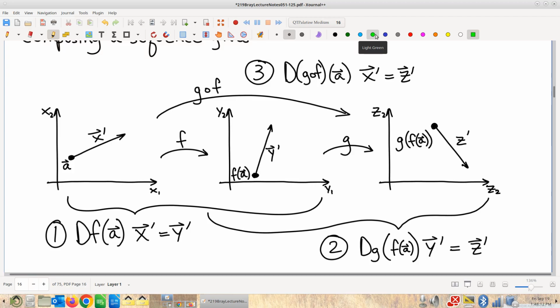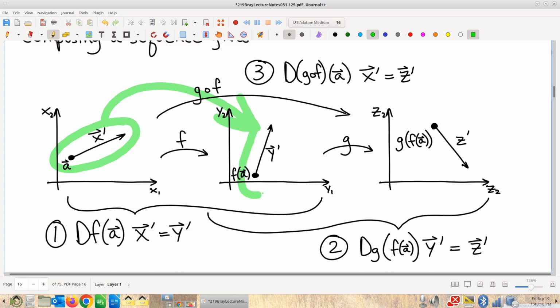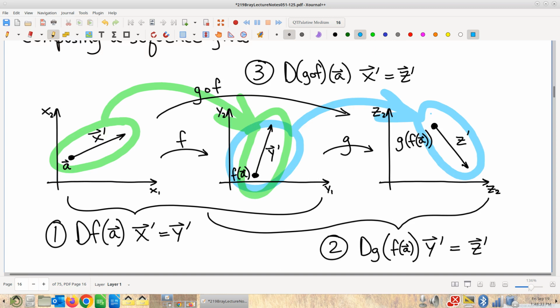How does df show up on this picture? Well, df is a multiplicative factor that you multiply by x prime to get y prime. Let's see here. dg shows up on this picture as the multiplicative factor here that you multiply by y prime to get z prime. And where's the derivative of the composition on this picture?